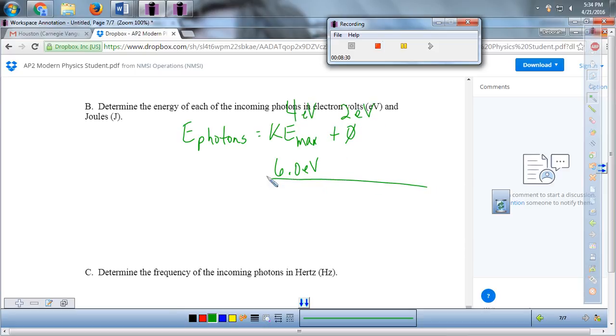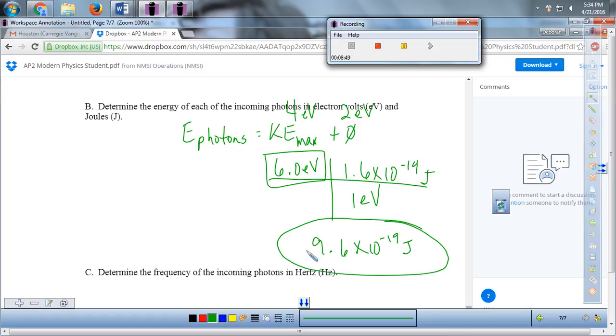So I gave them my answer in electron volts. Now they want me to put it in joules. Well, 1 electron volt is 1.6 times 10 to the negative 19th joules. So if I did that correctly, that's going to be 9.6 times 10 to the negative 19th joules.